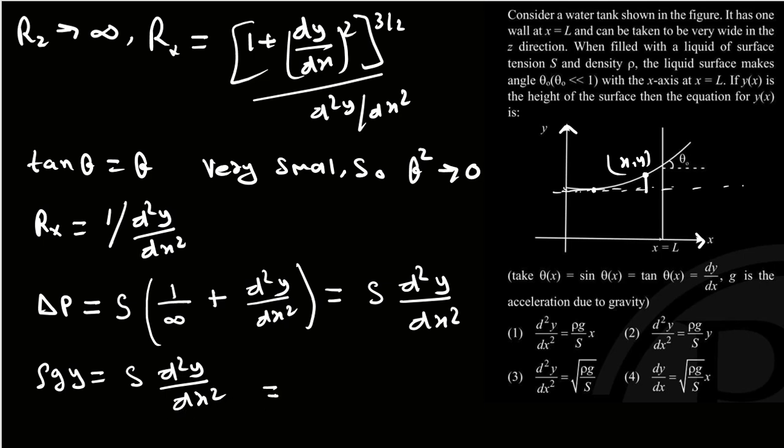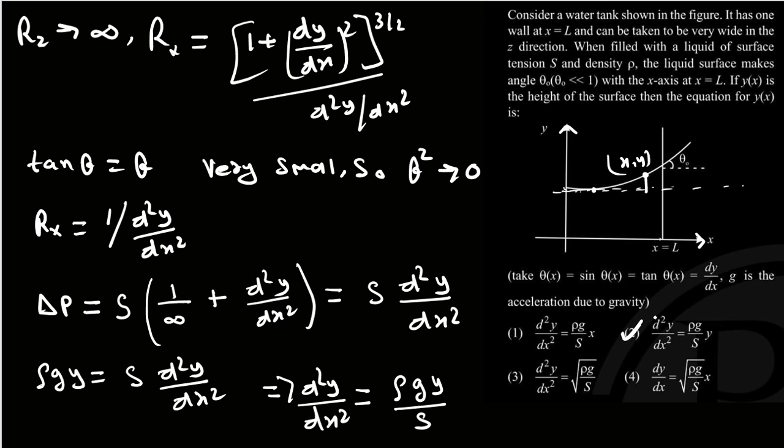So from this we can write the equation d square y by dx square is equal to rho g y divided by S. So which option is correct? Rho g divided by S into y. This one is correct: d square y by dx square is equal to (rho g / S) into y.